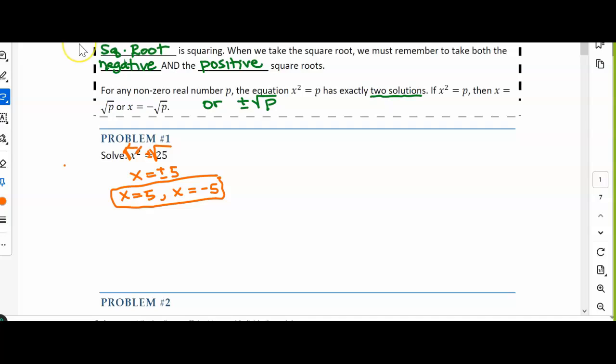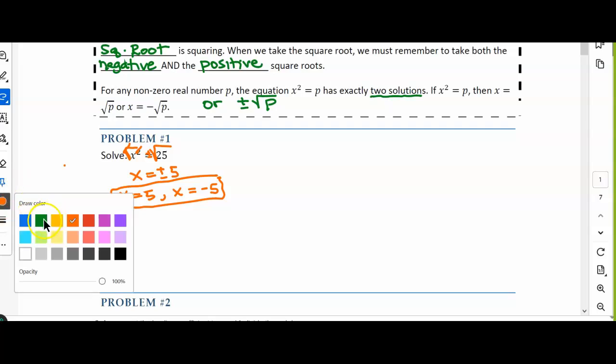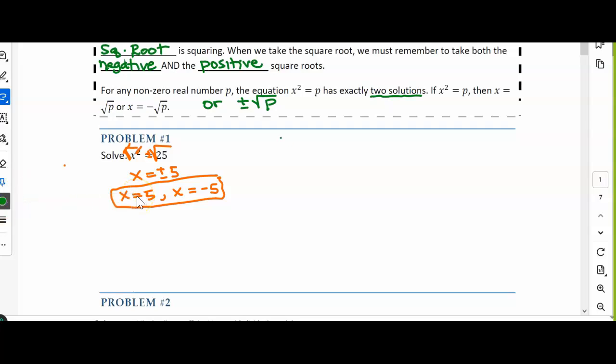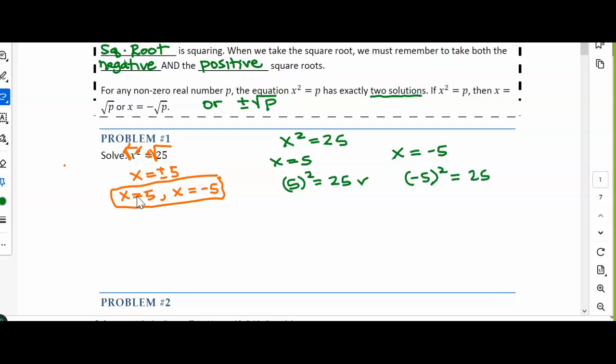Okay, now I want to show you the check for this. If I was to check the answers here, remember I started off with x squared equals 25. So if I'm going to check x equals 5, if I do 5 all squared, I get 25. So that's good. Then x equals negative 5. If I do negative 5 all squared, that also equals 25.